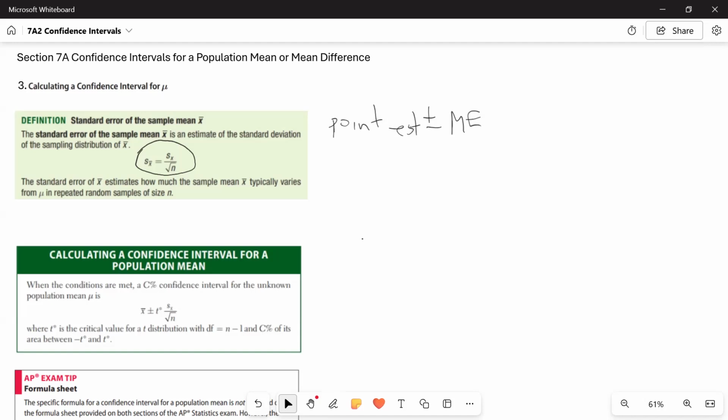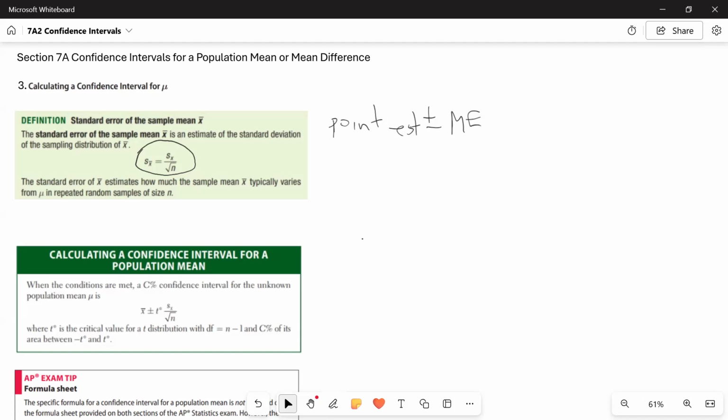Now this estimates how much the sample mean typically varies from the population mean in repeated samples of size n.